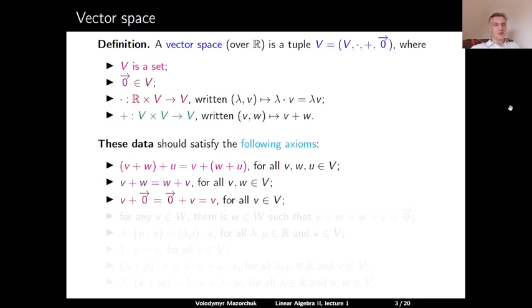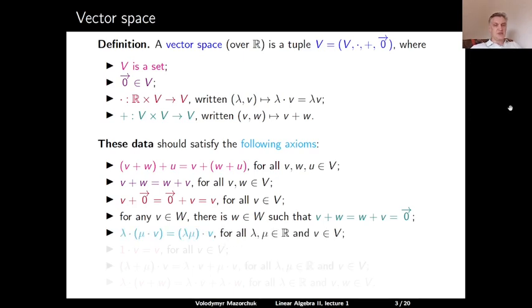In other words, for any element v in V, v plus the zero vector should be equal to the zero vector plus v, and this should be equal to v. The fourth axiom says that for any element v in V, there should exist an element w in V such that their sum in any order is equal to the zero vector.